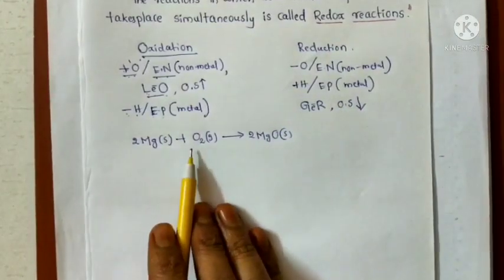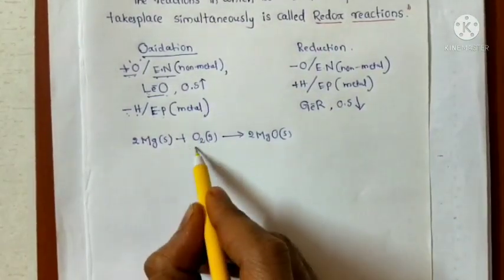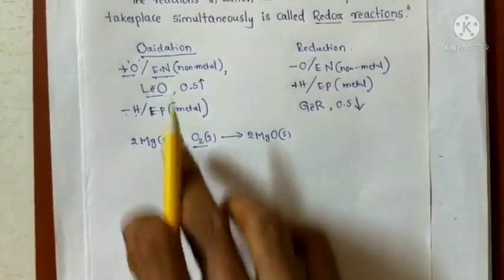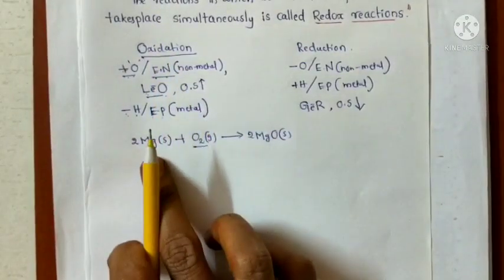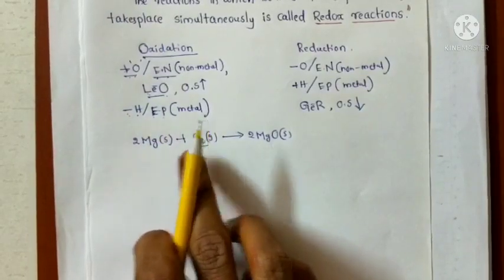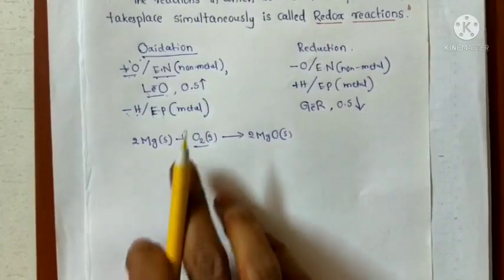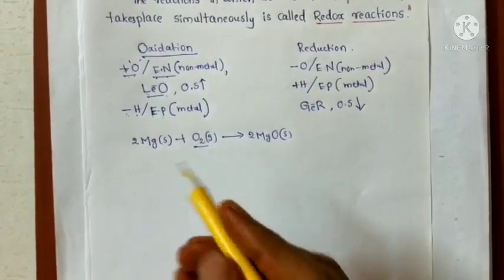So here, oxygen is added to the magnesium; according to the definition, oxygen is added to the metal. That's why addition of oxygen is nothing but an oxidation reaction. So this is an oxidation reaction.